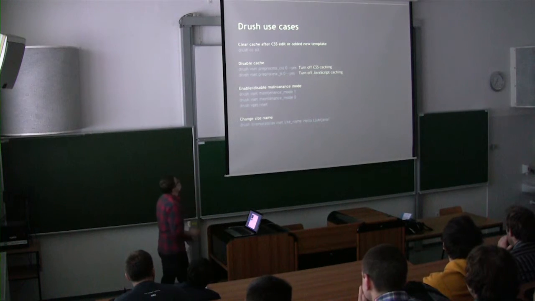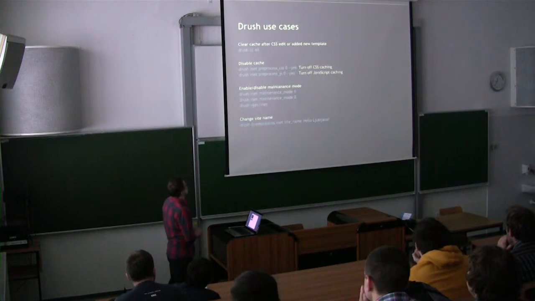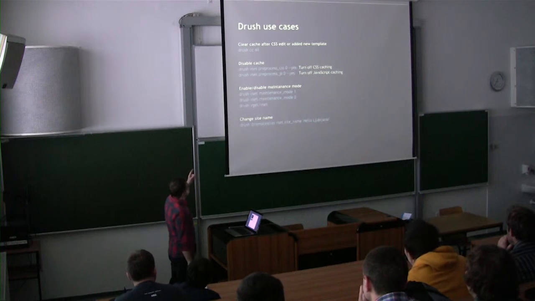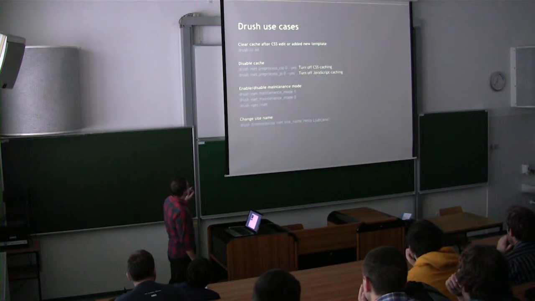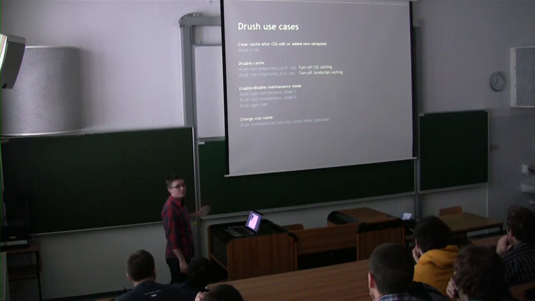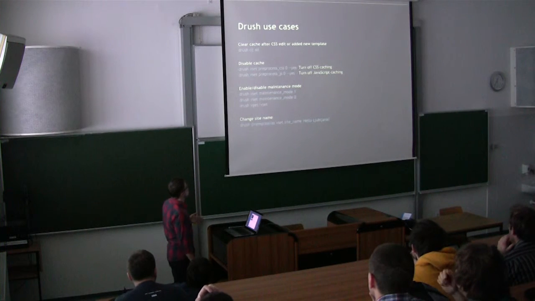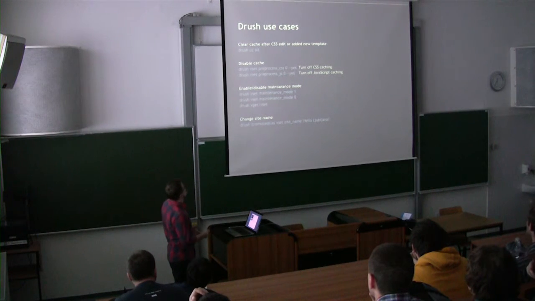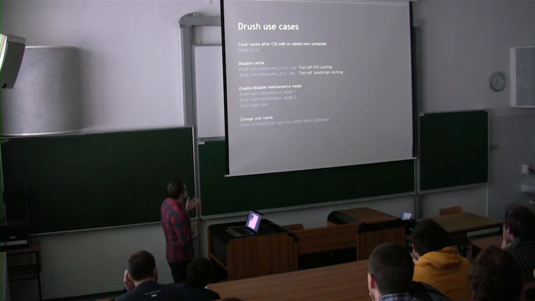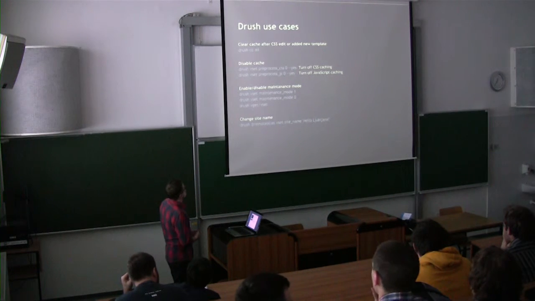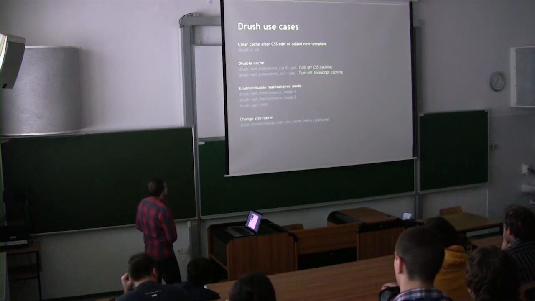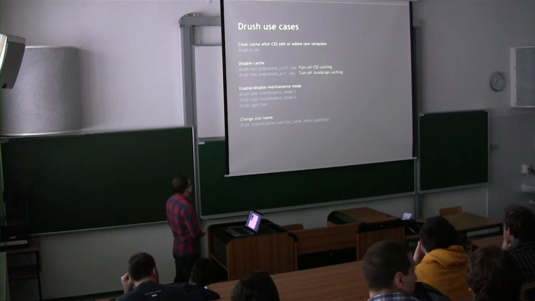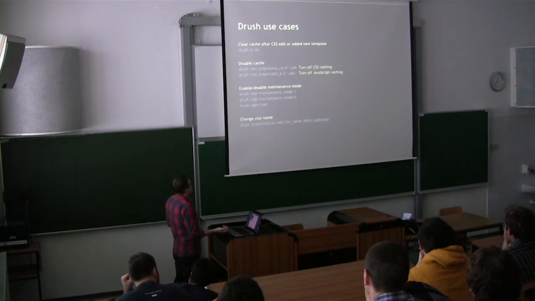So, some Drush use cases. All these commands could be run with @remote.area or without, so you could run them all on your local machine or on the remote website. Drush cache clear will clear all the cache. You could remotely or locally disable the preprocessing of CSS and JavaScript caching, and enable or disable maintenance mode.